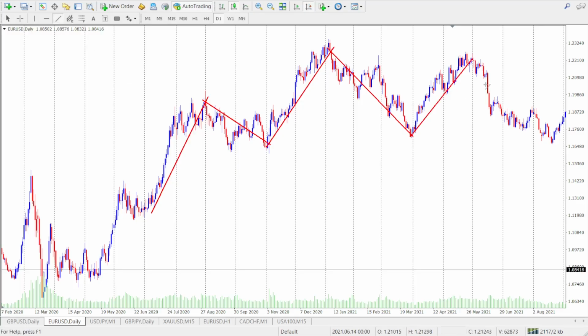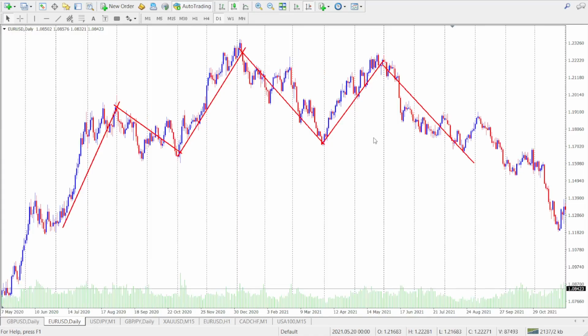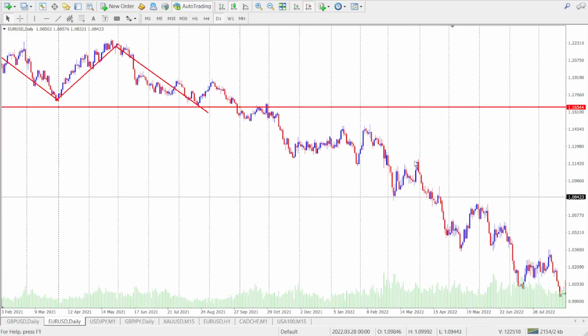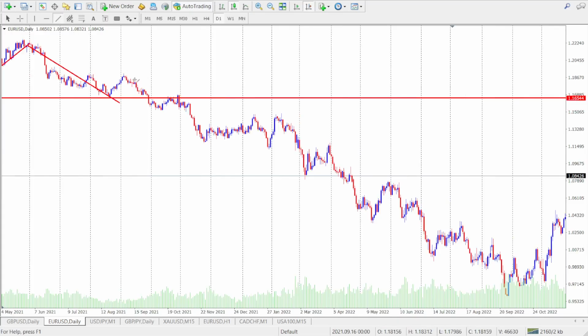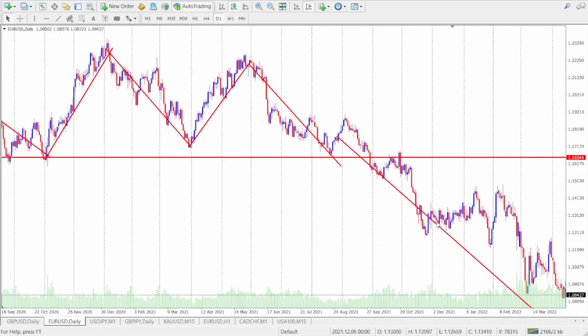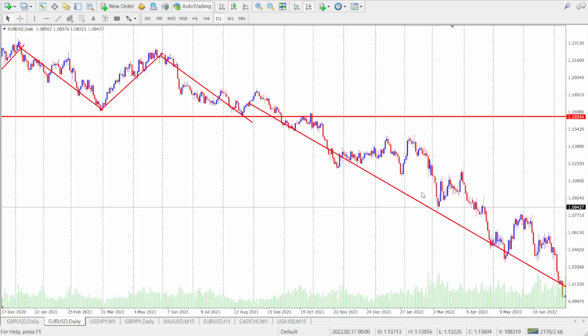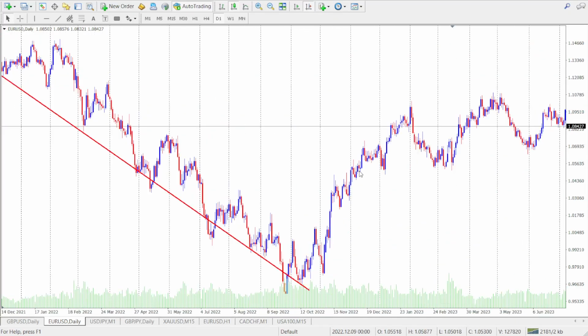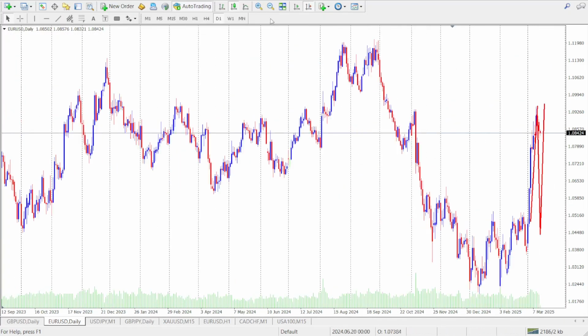This signals that buyers are losing momentum and sellers are taking control. You can see this is what we call the neckline. Once the neckline is broken, there's usually a reversal to the downside, just like what happened here.